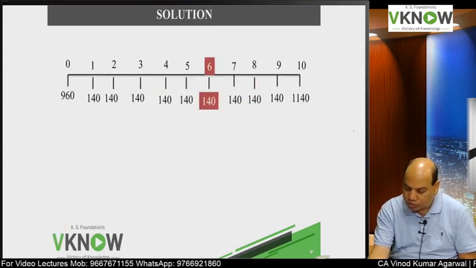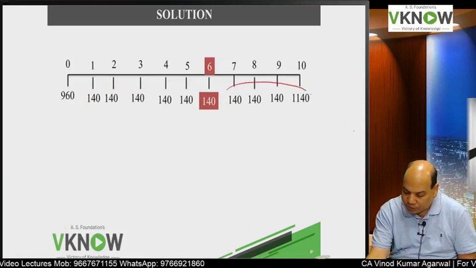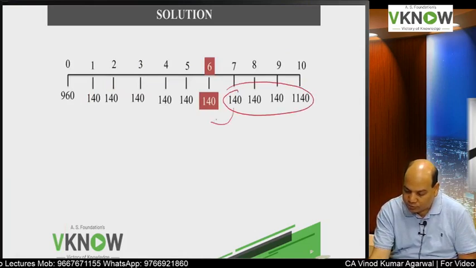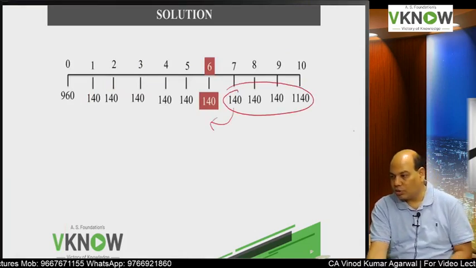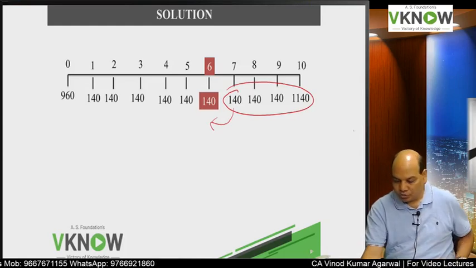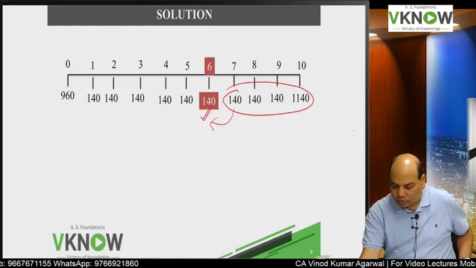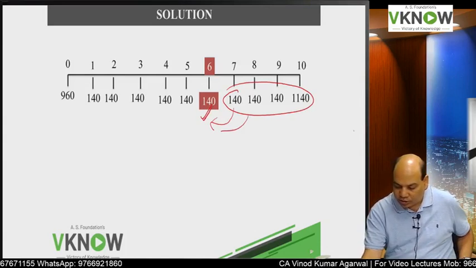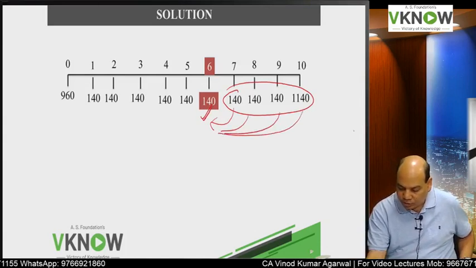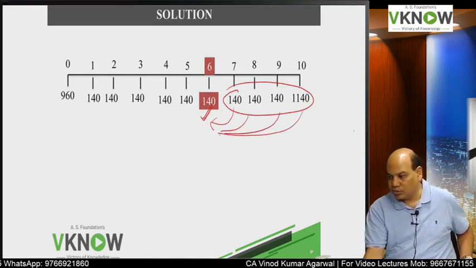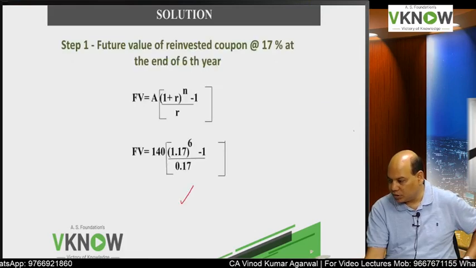Now go back to this diagram. We also have to calculate the present value of these cash flows, because this fellow is going to hold the bond only for 6 years. So at what amount will he be able to sell this bond? At an amount which is equal to the present value of remaining cash flows discounted at 14%.